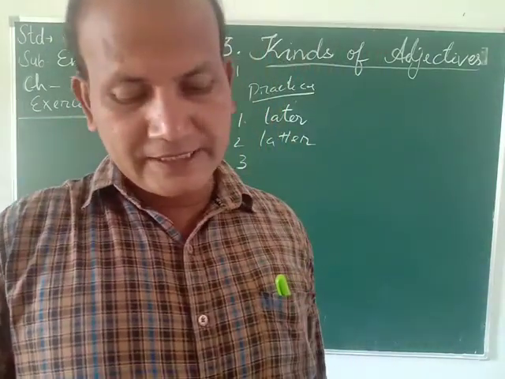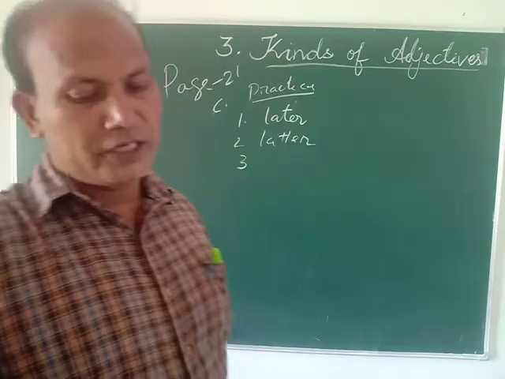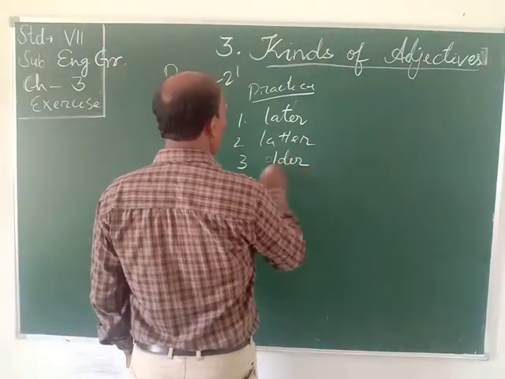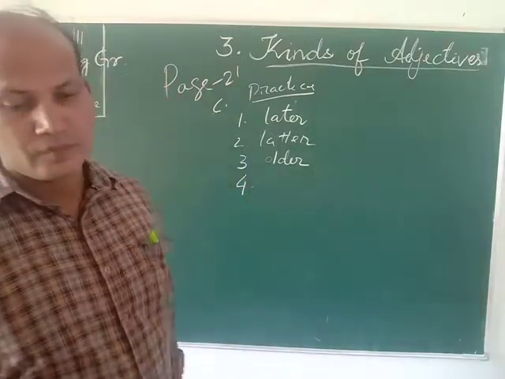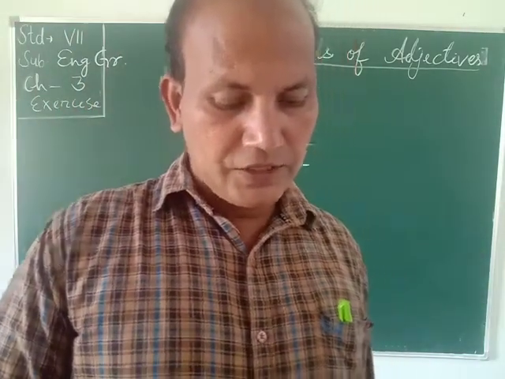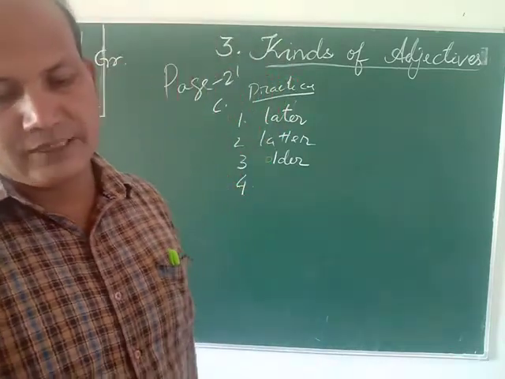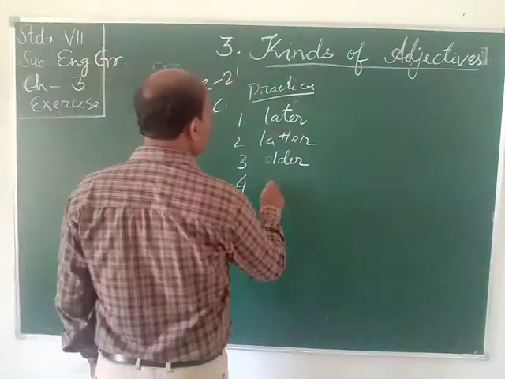Number 3, this boy is older than Ravi, older than. Then he is the oldest member, so eldest member of the community, eldest.